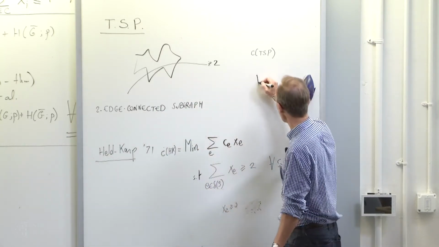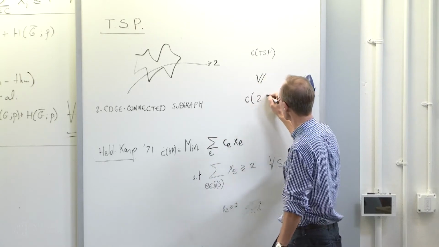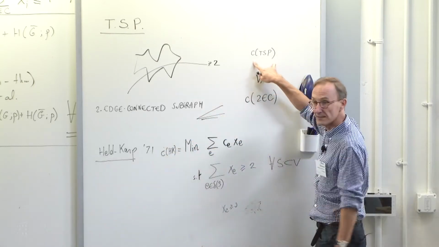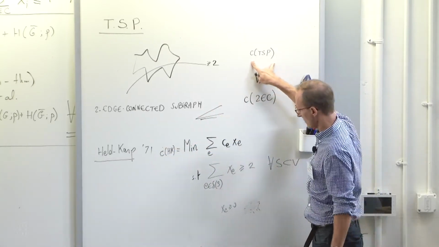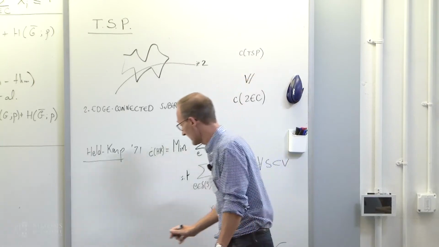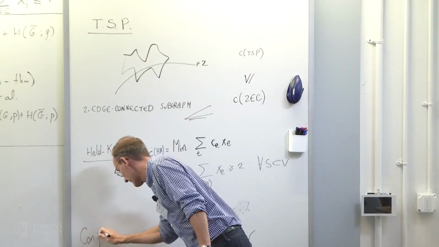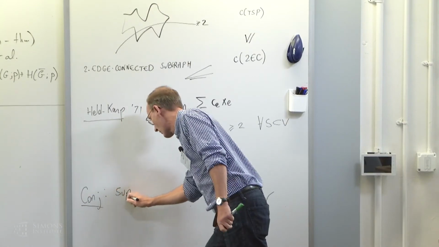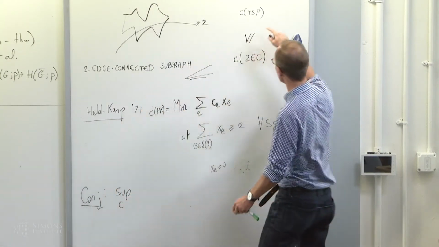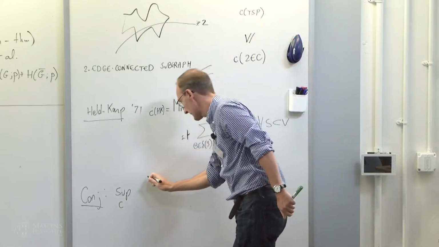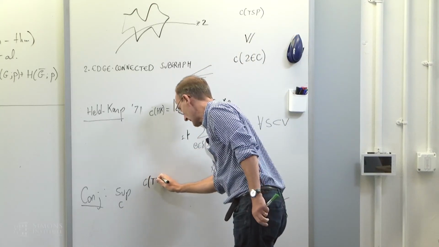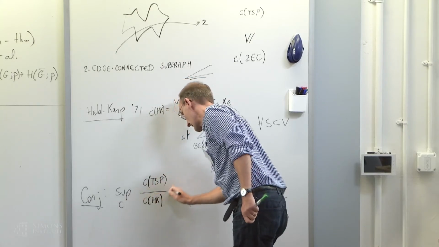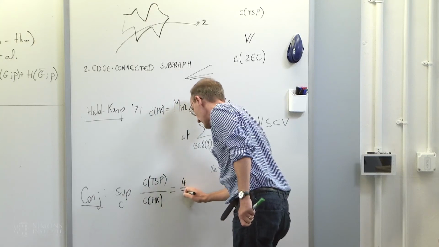And I will get a value that's in between C_HK and C_TSP. A major question is whether the supremum over all C of the ratio between this and that is equal to 4/3.